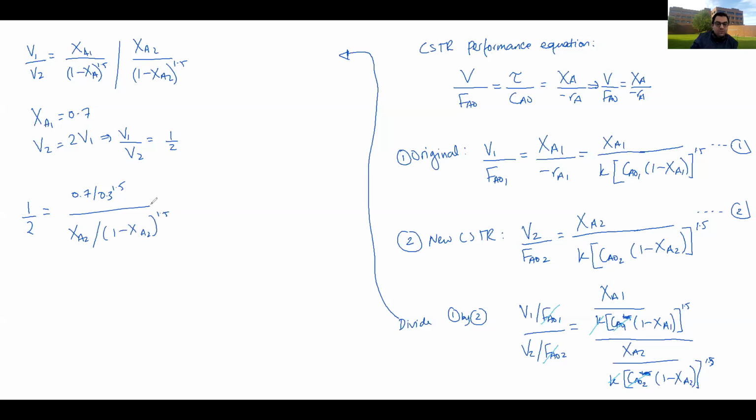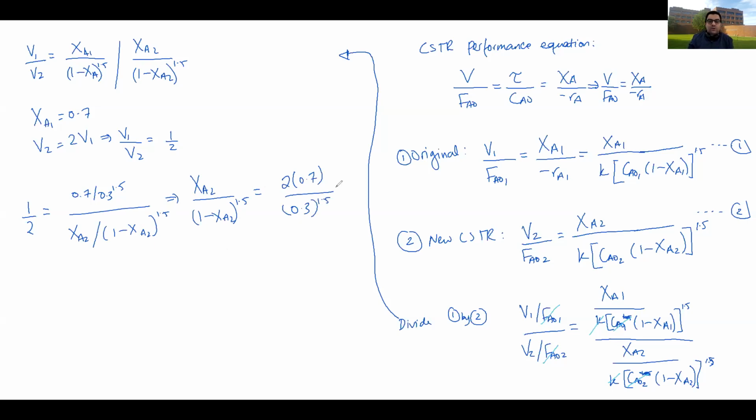Let me cross multiply, to get rid of this fraction from the bottom. So you're going to end up with XA2 over 1 minus XA2 to the power 1.5 is equal to 2 into 0.7 divided by 0.3 to the power 1.5.